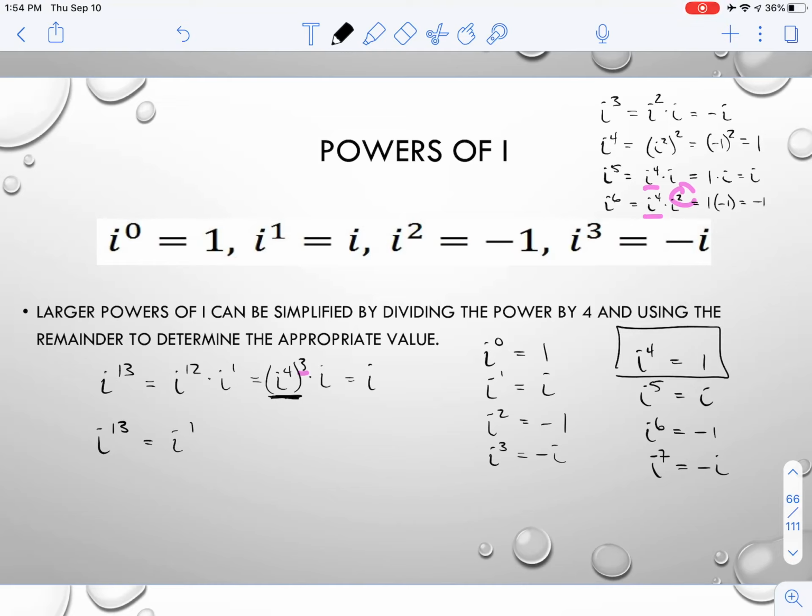Okay, so you're just going to get 1 that many times over, right? So if we had something like i to the, I don't know, let's say 26th, 4 is going to go into 26 6 times with 2 left over. So we're going to have i squared equals -1.